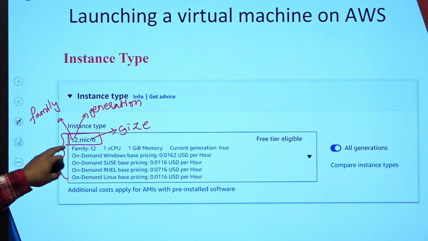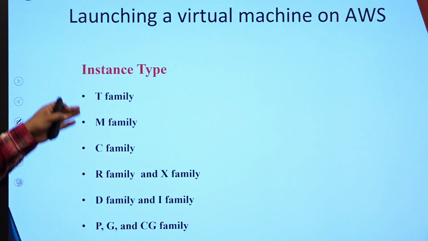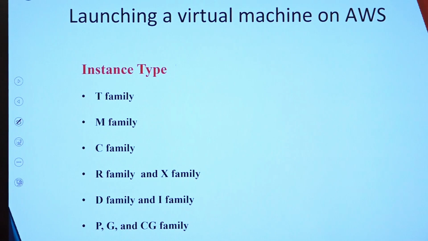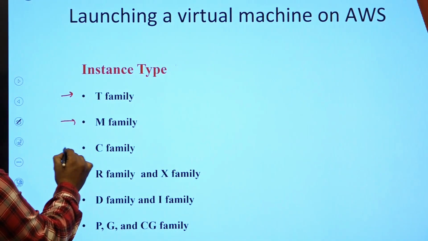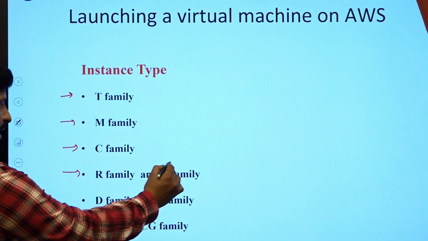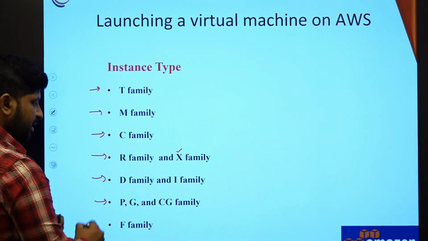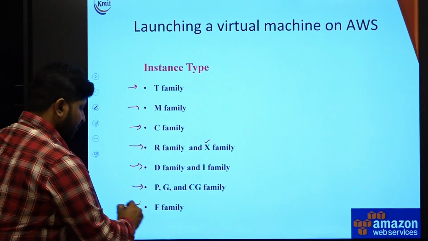This is the naming convention of an instance type. Likewise, we do have various families in an instance type, such as T family, M, C, R and X, D and I, P, G, CG and F.